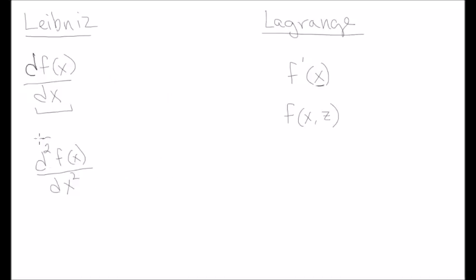Basically, what you're thinking of is the derivative as something of an operator that you're applying to the function f of x. And so you're seeing that this derivative is happening twice, which is what this squared is implying, versus Lagrange's notation is a bit more flexible to just say f double prime of x is the second derivative of the function with respect to x.